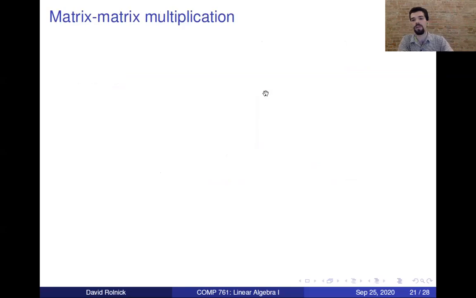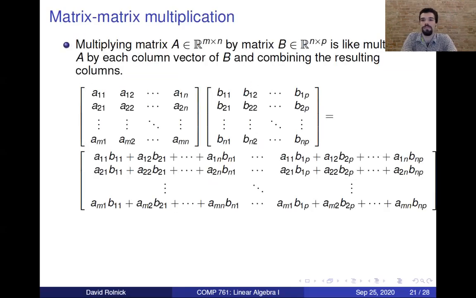Okay, so matrix multiplication. Here is the thorny definition, but it's very simple. If we're trying to multiply two matrices, it's just like multiplying a matrix by a vector. We multiply every single column vector of B by the matrix A, and remember that the matrix A multiplied by a column vector is going to be a column vector.